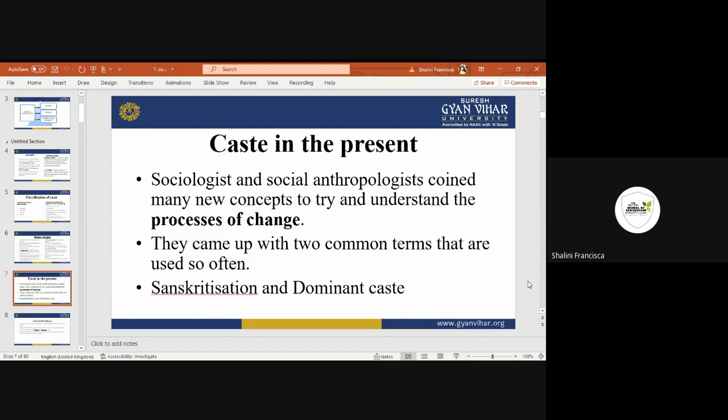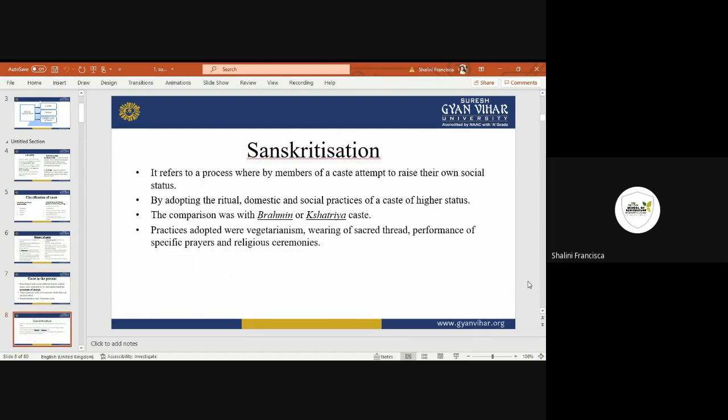So many scientists were studying all this, the process of change that was coming up. They came up with two particular terms. The first one was Sanskritization, and the second was dominant caste. So what does Sanskritization mean?